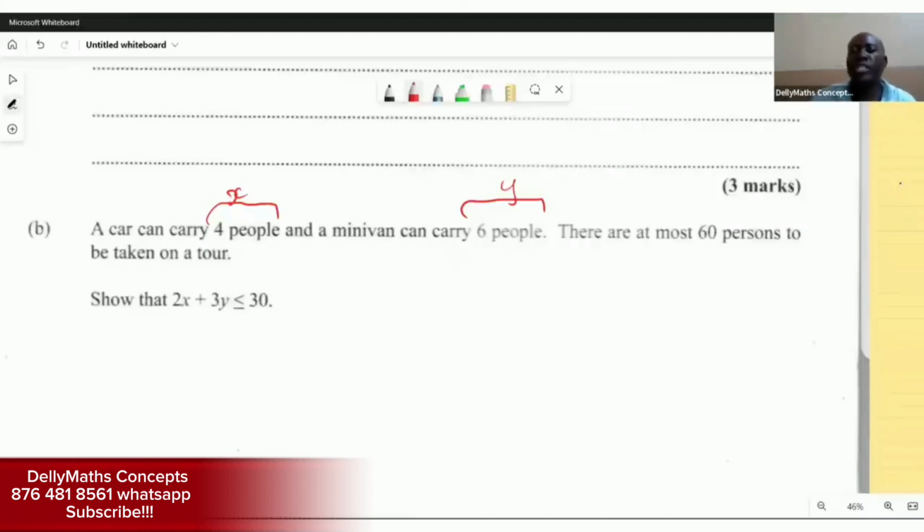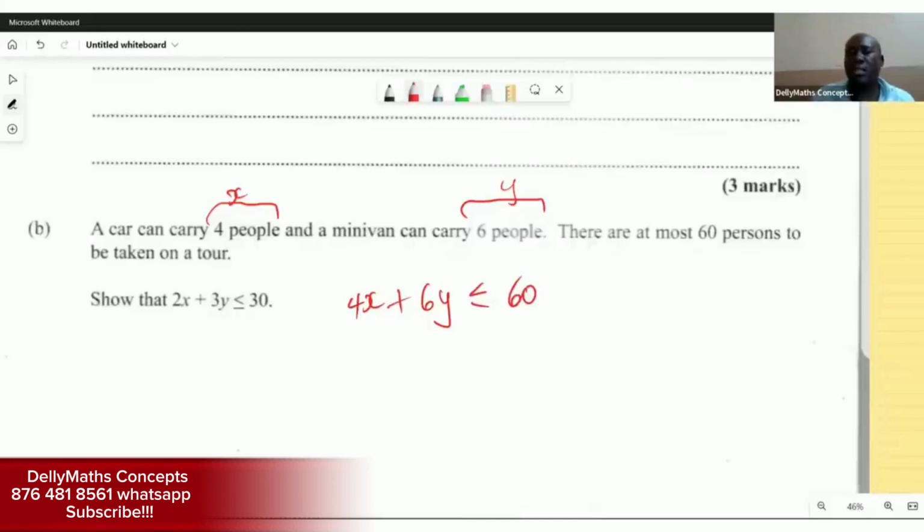I would use the situation that we have to create our inequality first. For example, 4X, because we're talking about 4 people per car, plus 6Y, 6 people per minivan, must be less than or equal to 60.